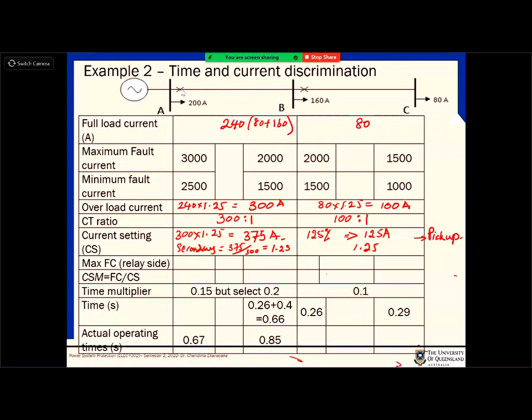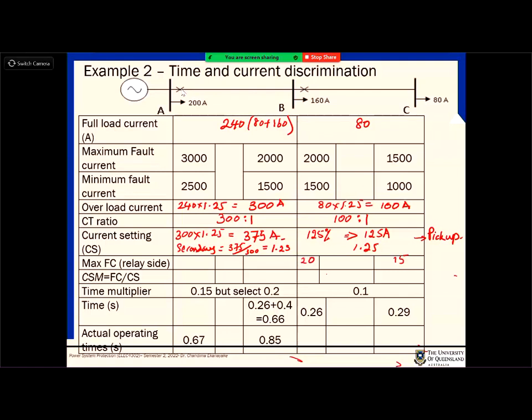Now, the other question is, what are the maximum fault currents on the relay side? How do we do that? You divide the maximum fault currents by the corresponding CT ratios. Here the maximum fault current is easy, 15. This is 20.